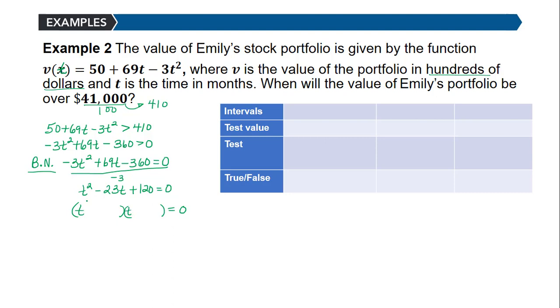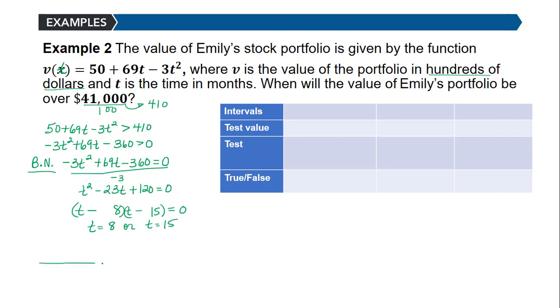So when we factor this, we need the factors of 120 whose sum is 23, and that is 8 and 15. Both of them will be negative, so t minus 8 times t minus 15 equals 0. So we get zeros of 8 or 15.